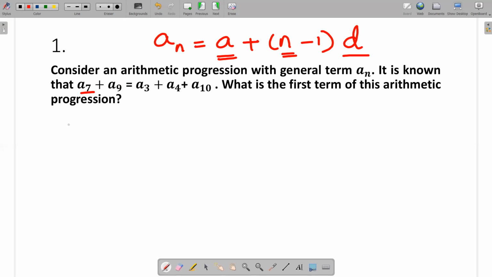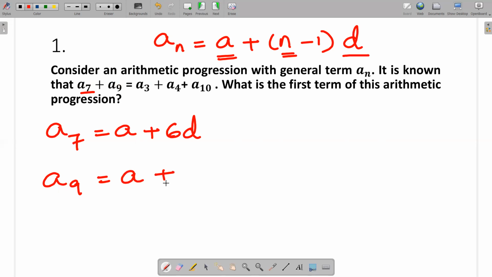So A7, the 7th term, is equal to A plus 6D. We have the 9th term, A9, that is equal to A plus 8D.